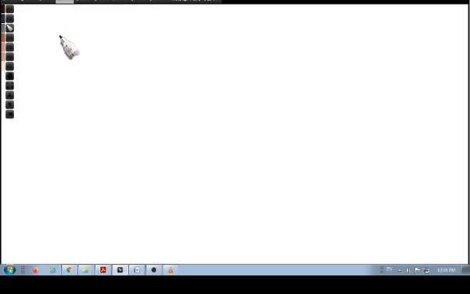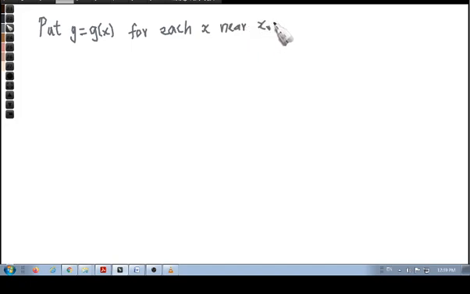Put y equal to g(x) for each x near x naught.